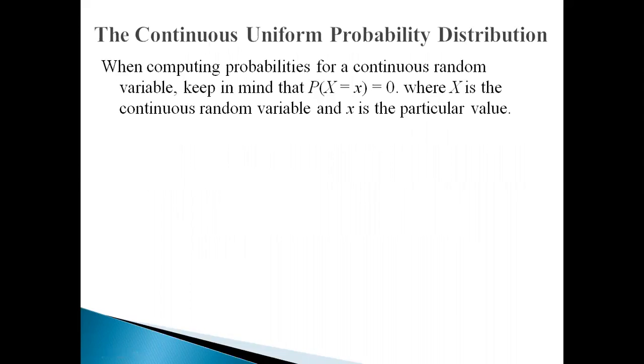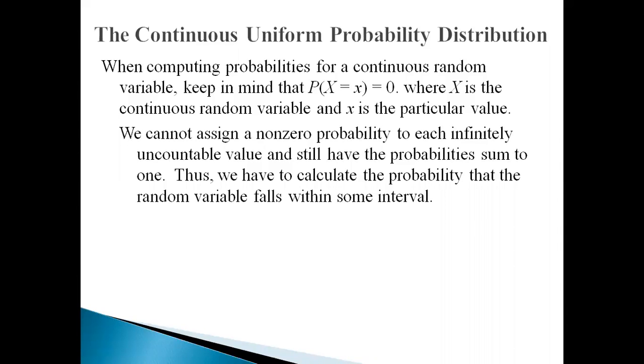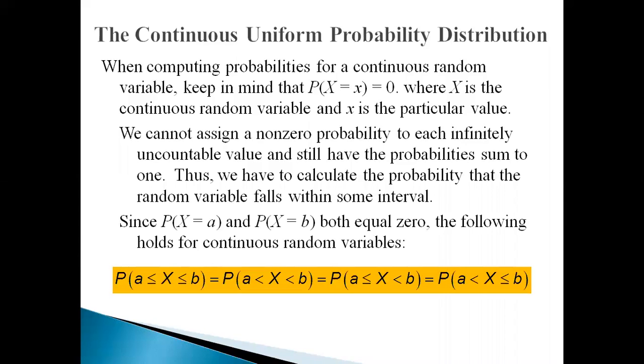So when computing probabilities for a continuous random variable, keep in mind that the probability that capital X equals little x is equal to 0, where capital X is the continuous random variable and little x is a particular value such as 7. We cannot assign a non-zero probability to each infinitely uncountable value and still have the probabilities sum to 1. Thus, we have to calculate the probability that the random variable falls within some interval.